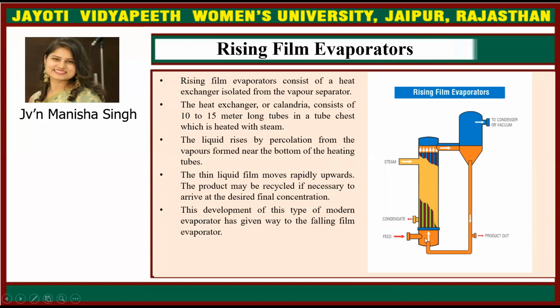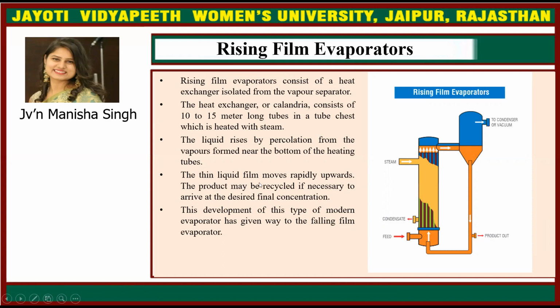There are the heating tubes, and the feed is there. It will rise by the percolation from the vapors formed at the bottom of the heating tubes. Then it rises up to this point, then flows downward, and from here the product comes out.